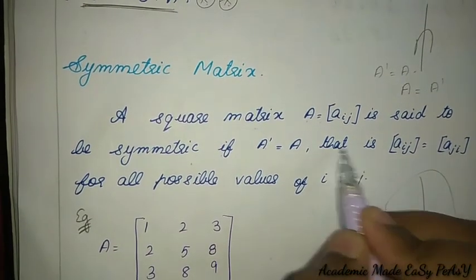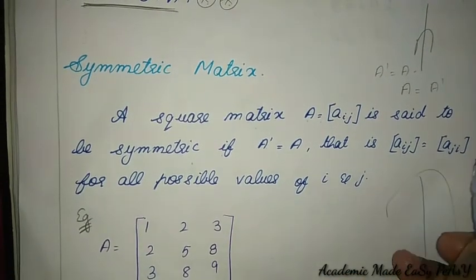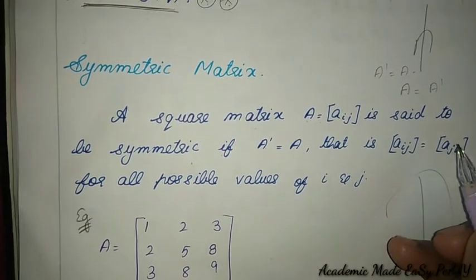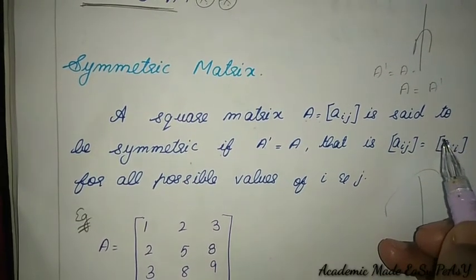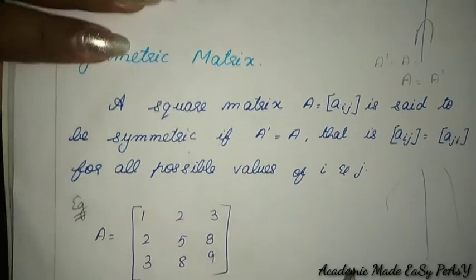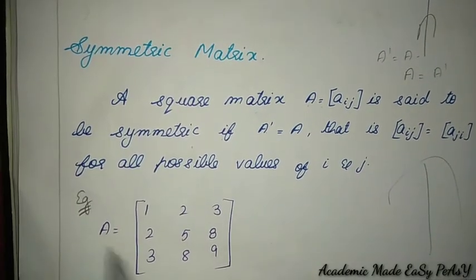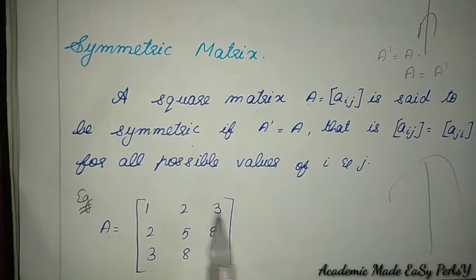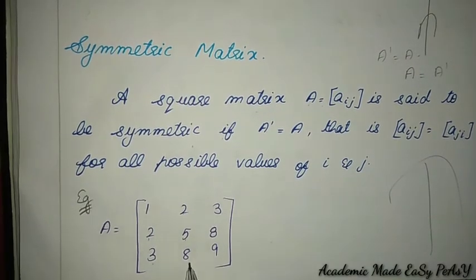So here, aij is equal to aji. If we take the transpose also, we have to get the same matrix A for all possible values of i and j. Now I have given an example over here. Consider this matrix: 1, 2, 3; 2, 5, 8; 3, 8, 9.